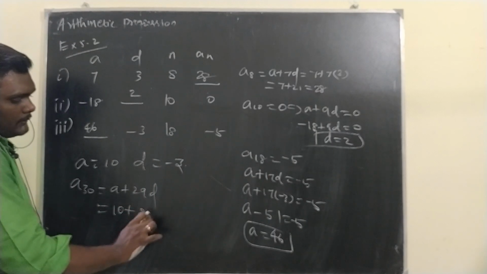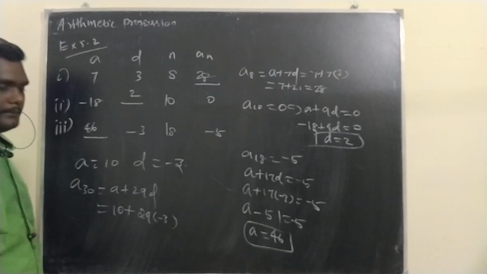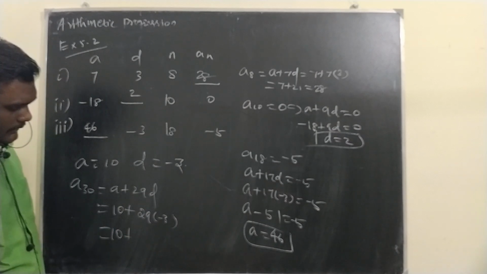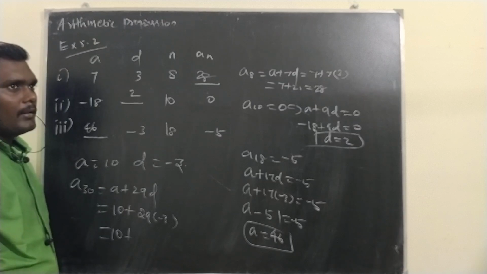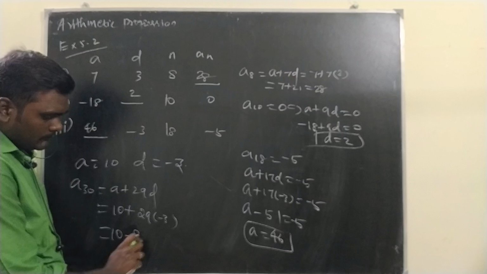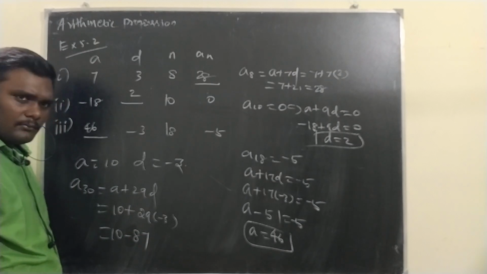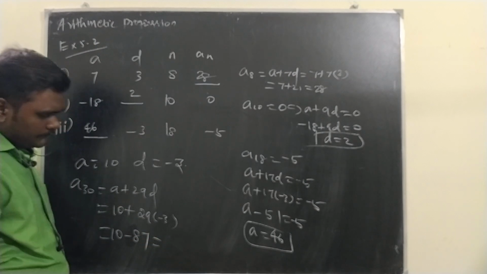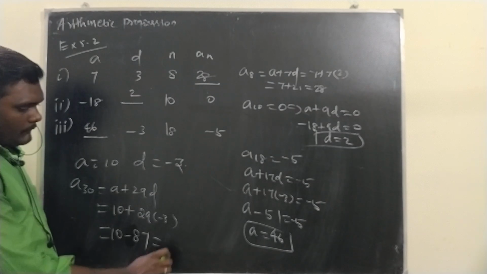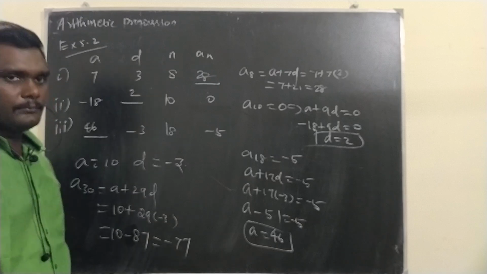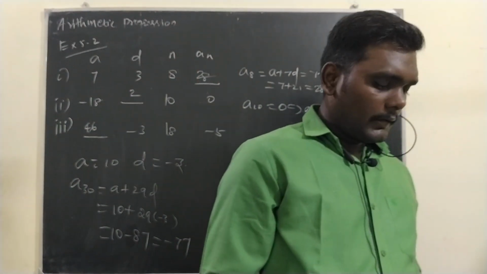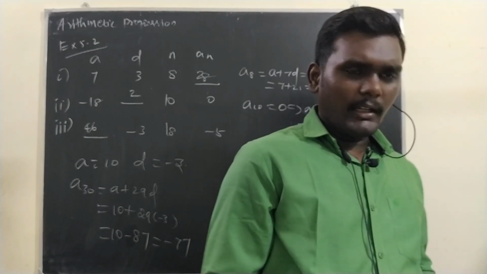A is 10. 29 into minus 3, how much? 87, right? Yes, minus 87. Then minus 77. Okay, good. And then the 11th term of the AP, you can already do, right?